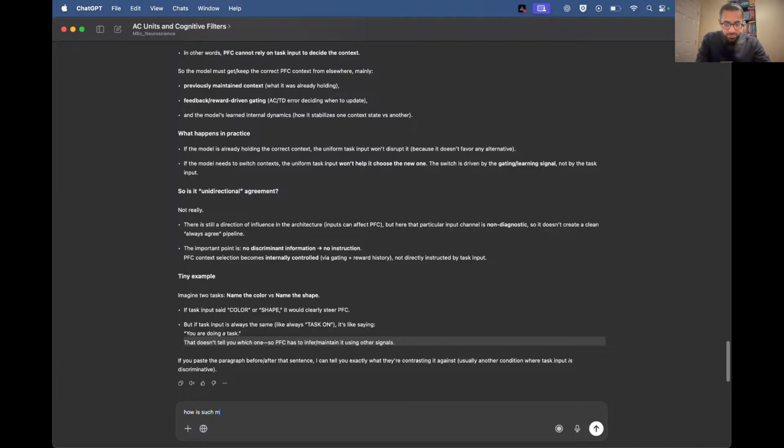How is such a model created? Python, Windows, or what?